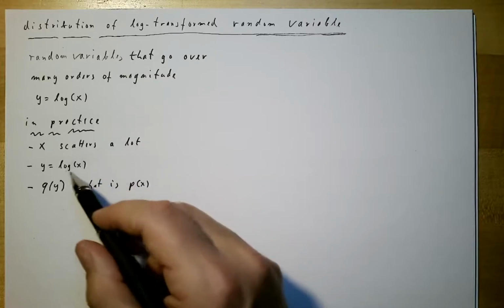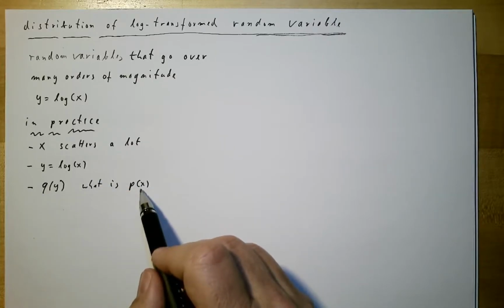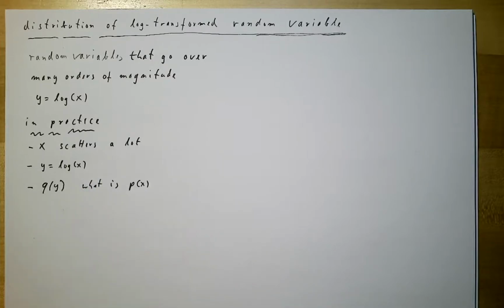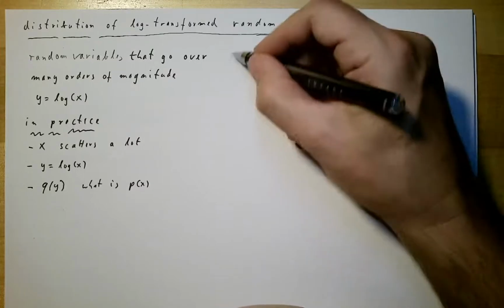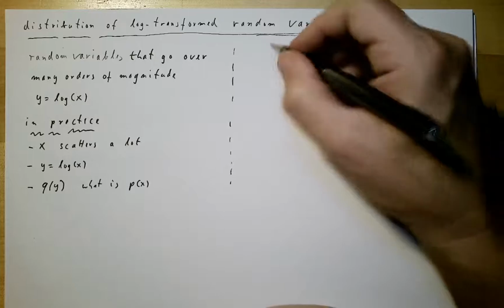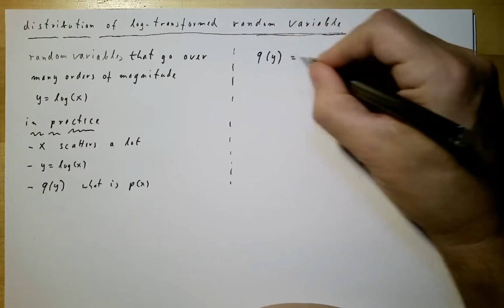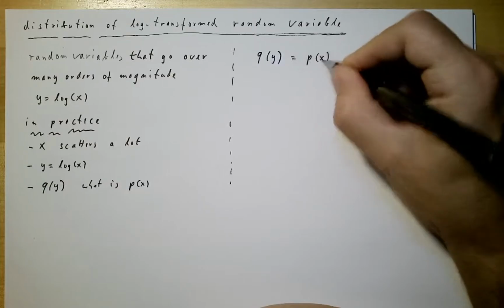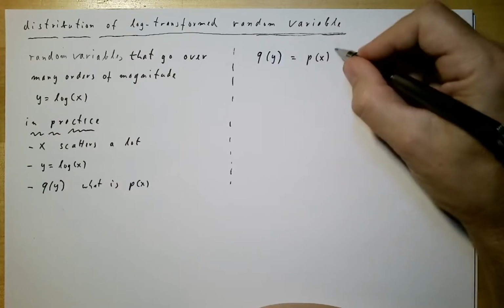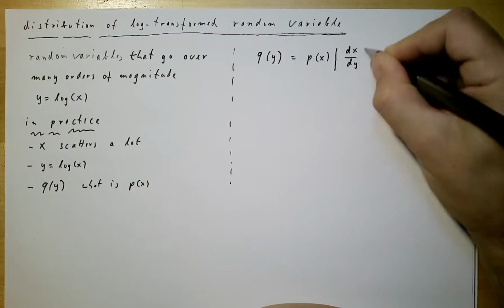Okay? And so now we need to know how a probability distribution p of x transforms under this transformation. Now we remember what was our formula to do this. We said that the density of the transformed variable is the original density times the derivative dx over dy.